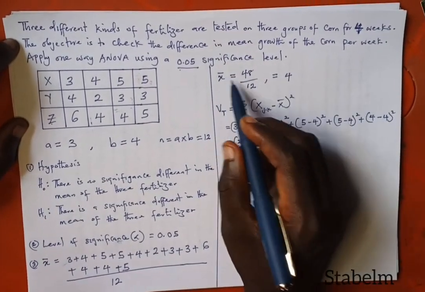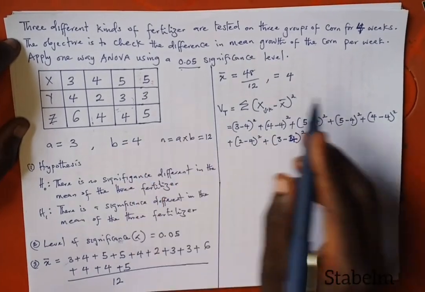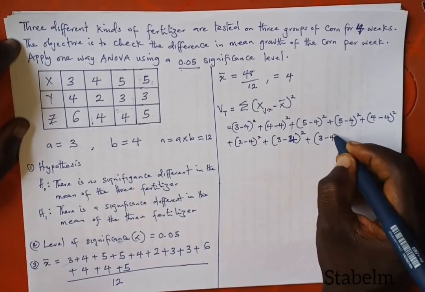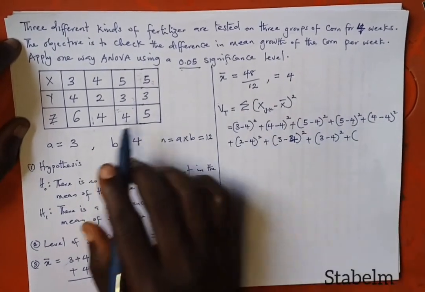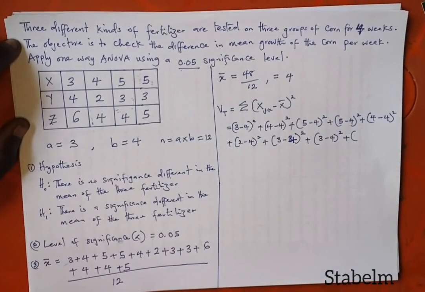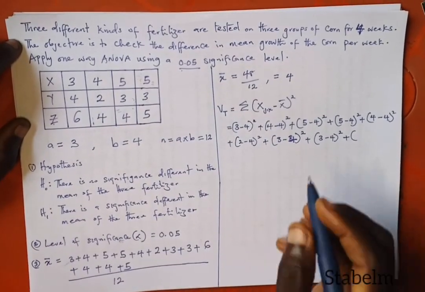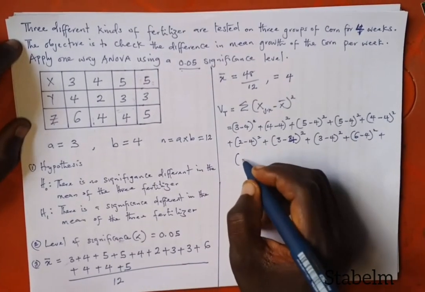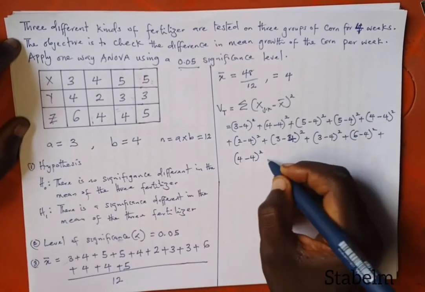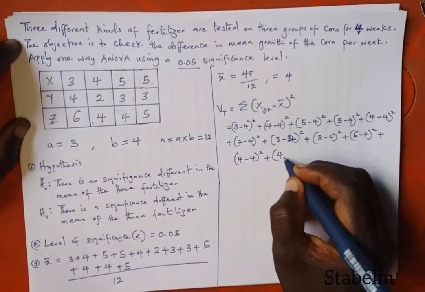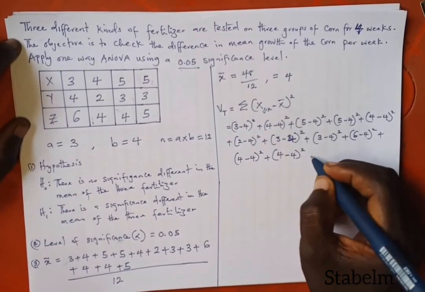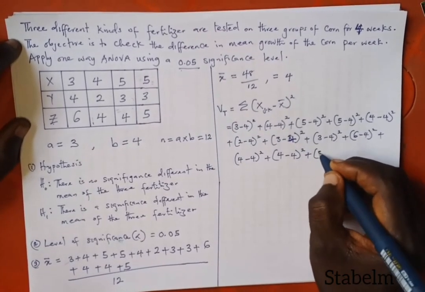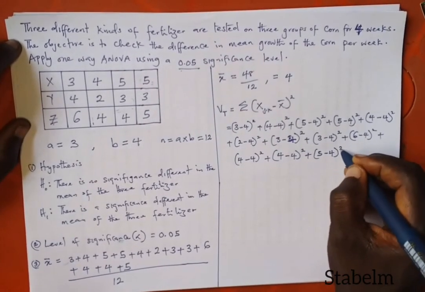We're using the x bar, which is the mean, then plus another 3 minus 4 squared plus, then we come to the third row here. We have 6, 4, 4, and 5. So we have 6 minus 4 squared plus 4 minus 4 squared plus another 4 minus 4 squared plus 5 minus 4 squared.